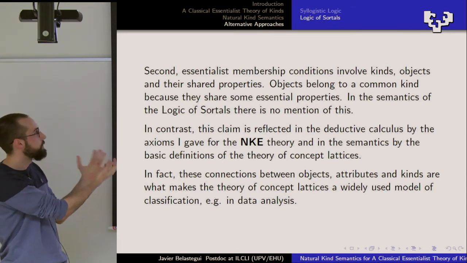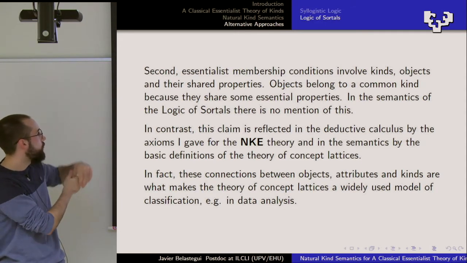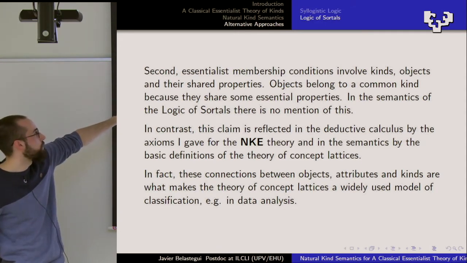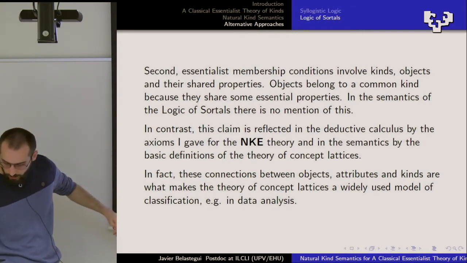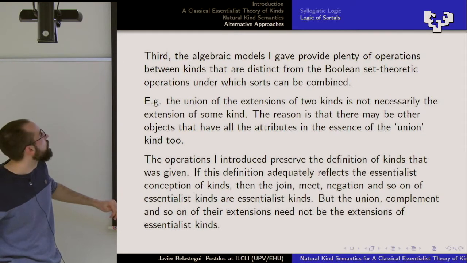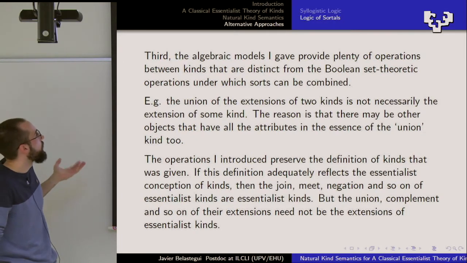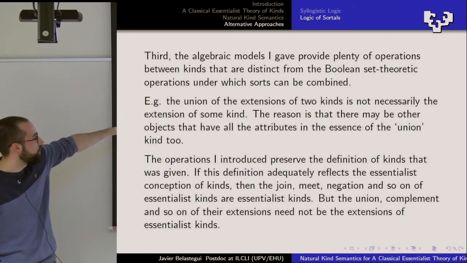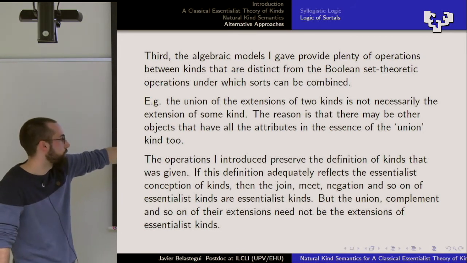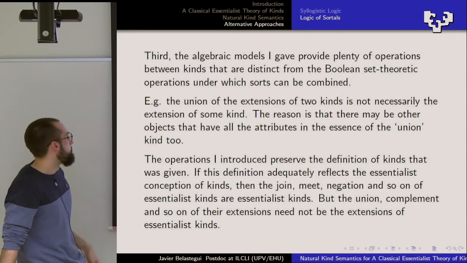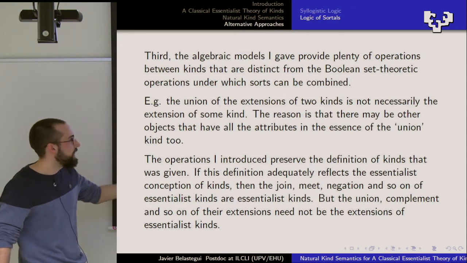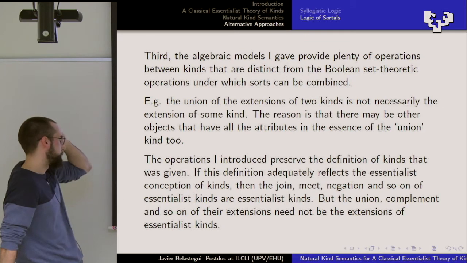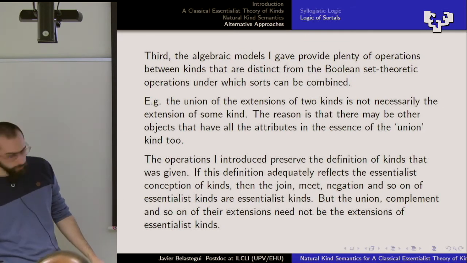This does not appear in the semantics, as I was saying, but the essentialist membership conditions are directly reflected in the axioms I gave and in the corresponding semantics. And finally, the same goes for the operations. The algebraic models I was talking about have operations between kinds that are not just Boolean set-theoretic operations. Remember the join is different from the union. And the operations I give preserve the essentialist definition of kinds. And so, that's basically it.